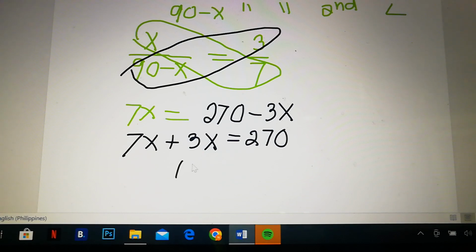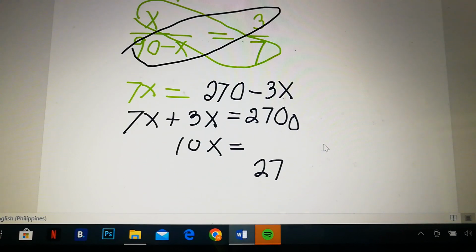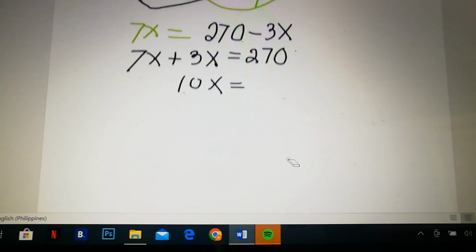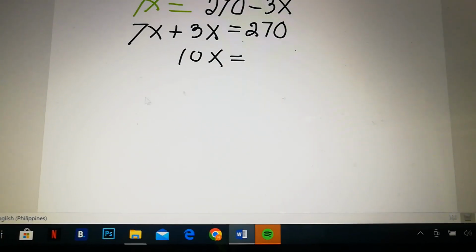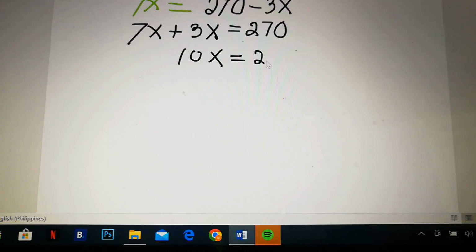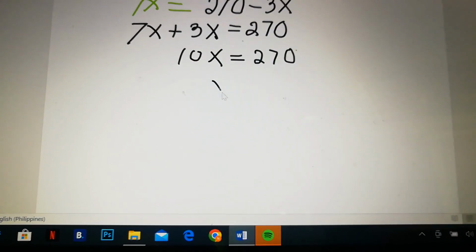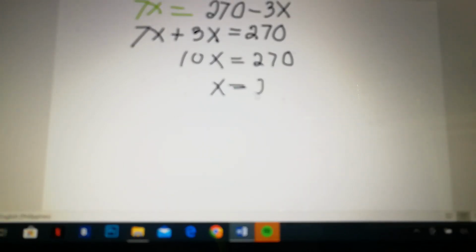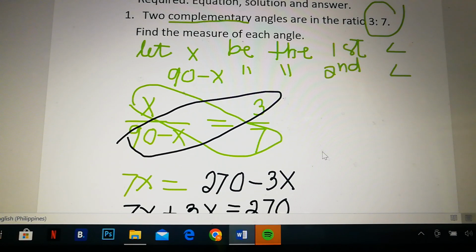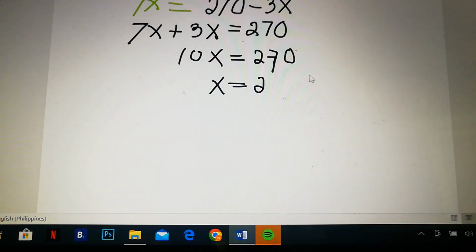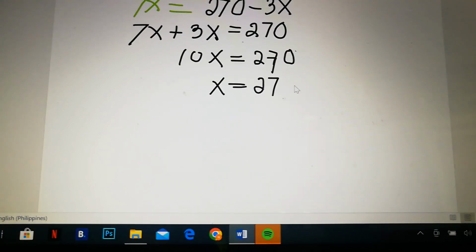So 10x is equal to 270. So what is x? That's equal to 27, dividing both sides of the equation by 10. So if x is equal to 27, that is your first number, or first angle.